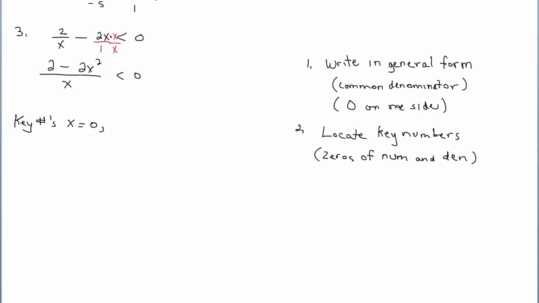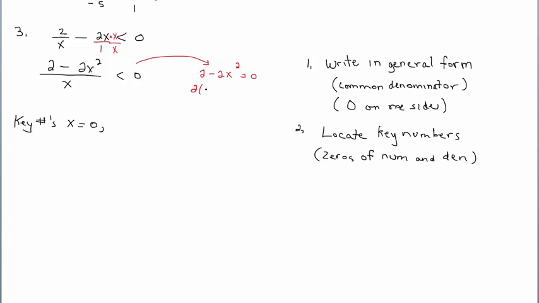All right, let's look at the numerator. Okay, what are the key numbers of the numerator, which would require us maybe to come over here and do some side work. To get the key numbers of the numerator, I'm going to set the numerator equal to 0 also. So you're looking for the zeros of the numerator and denominator.